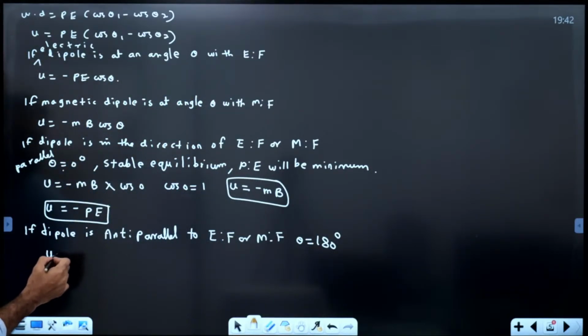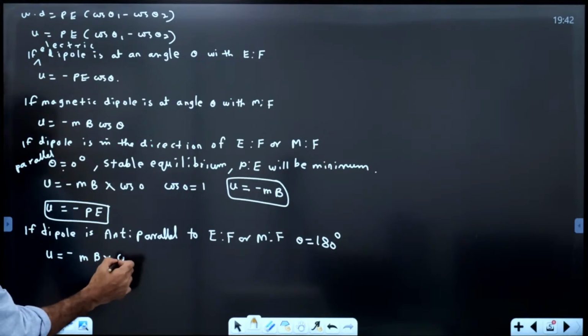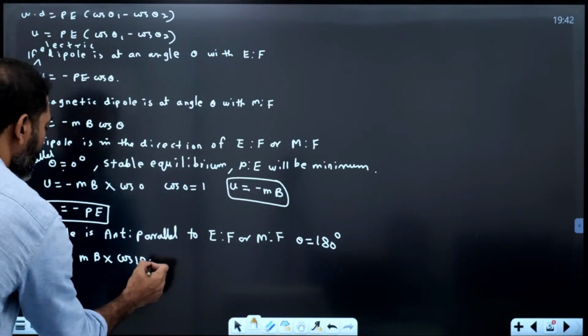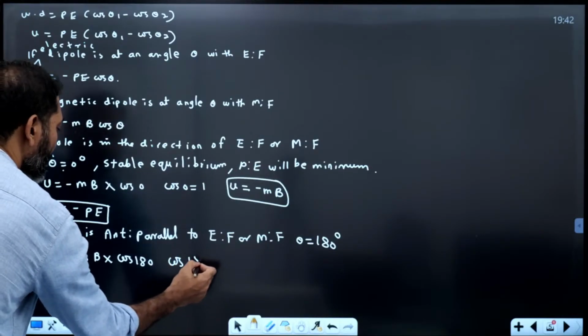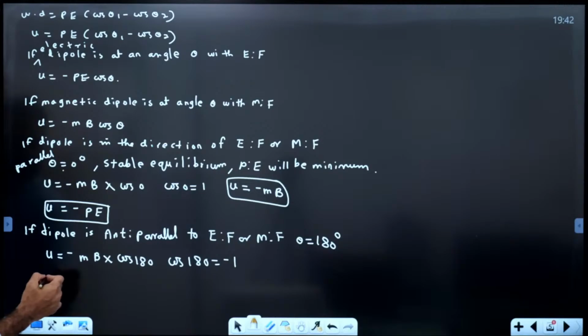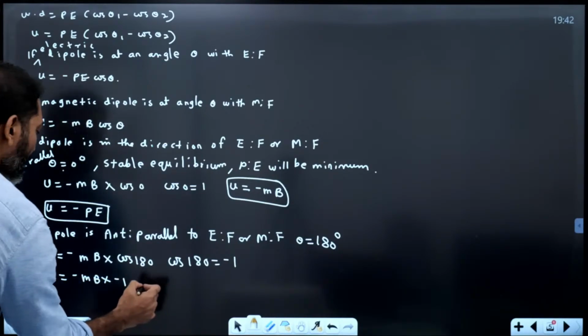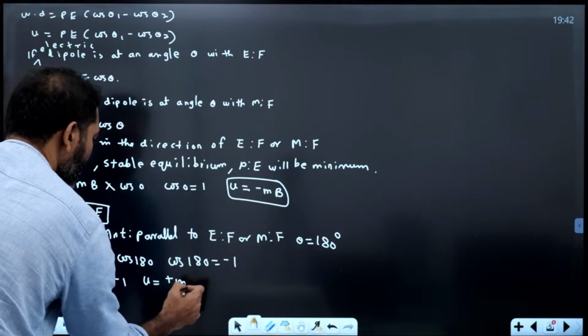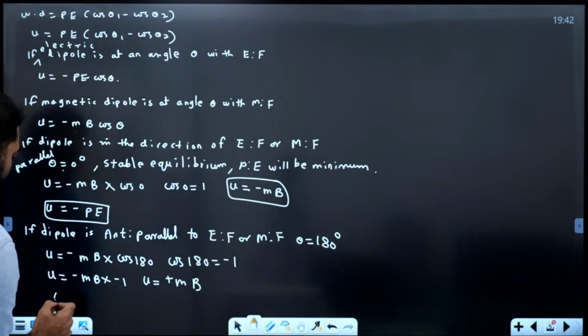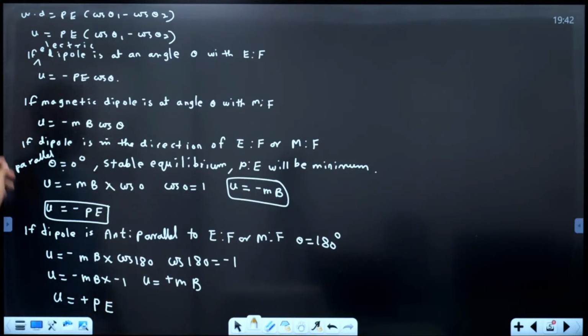So potential energy is equal to minus MB cos 180. Cos 180 is minus 1. So potential energy is minus MB into minus 1, so U equals plus MB in the magnetic case, and U equals plus PE in the electric case. I hope it is clear.